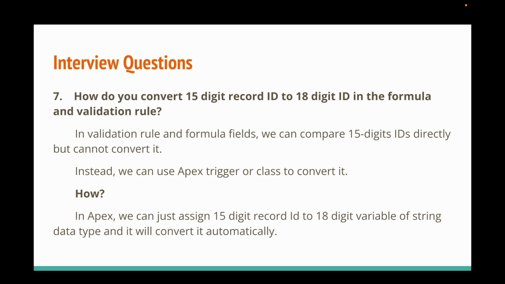We can just assign a 15-digit record ID to an 18-digit variable of string data type, and it will convert automatically. So we can just compare in the formula field or the validation rule, but we cannot convert it. For the conversion purpose, we need to utilize an Apex trigger or Apex classes.